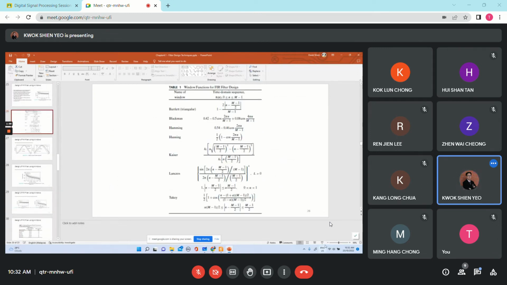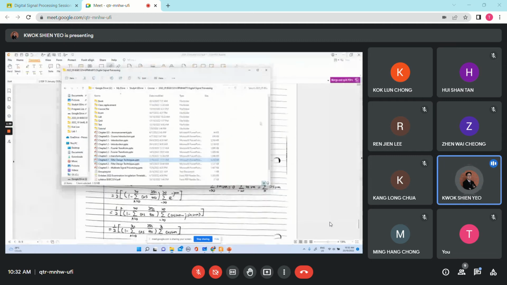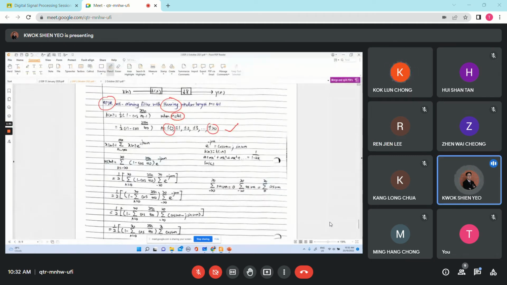If you look at this window, this is a causal window, right? You see it is from 0 until N minus 1, so it is causal. What you need to do is, when you use this window, first you do this, then you got your HDn, which is a sinc function.